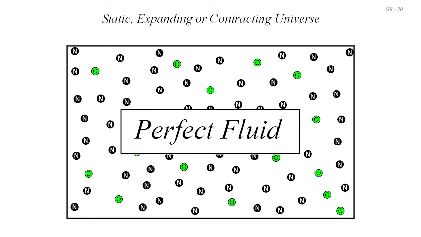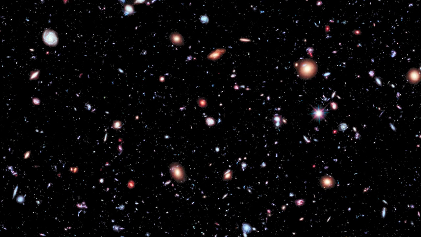In order to have some understanding of the cosmological constant, then, we must first apply the idea of a perfect fluid to the whole of the universe, which of course is made up of massive galaxies which are enormous distances apart. We know also that there are clusters of galaxies and even superclusters, and in some parts of the universe there are immense voids or spaces of nothingness.